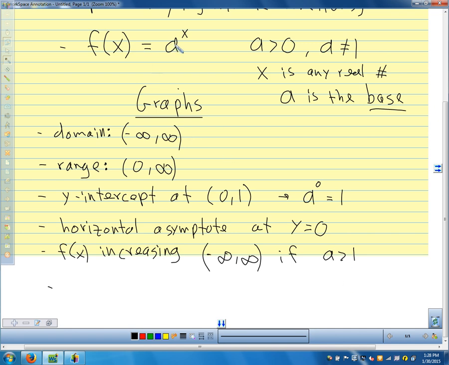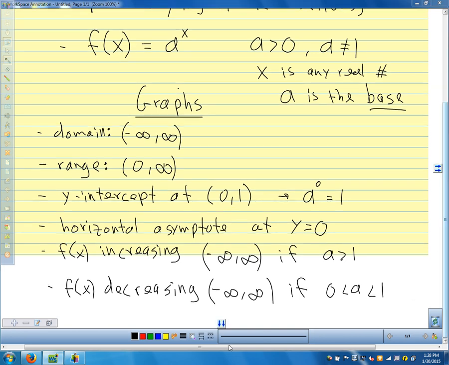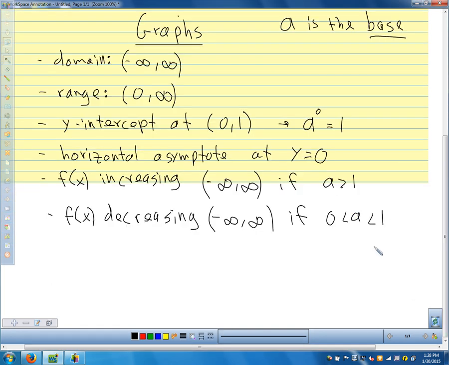So if this number is bigger than 1, f of x is increasing. And f of x is decreasing from negative infinity to infinity if 0 is less than a is less than 1. So what we're saying here is a is a fraction between 0 and 1.